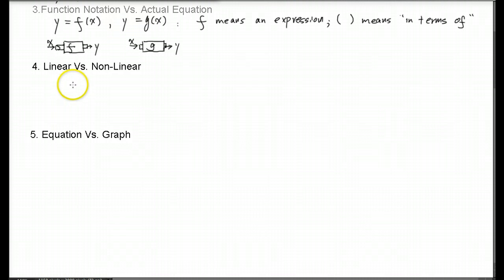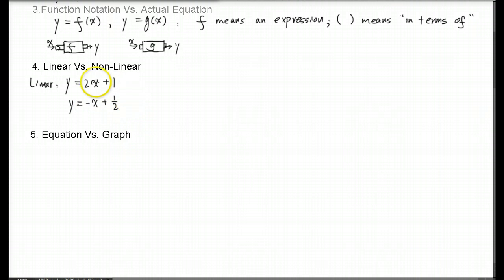Then let's focus on the difference between different kinds of functions. There are two categories. One is called a linear function, like y equals 2x plus 1. That's linear, which you learned in grade 10. Another linear function is y equals negative x plus 1 over 2.